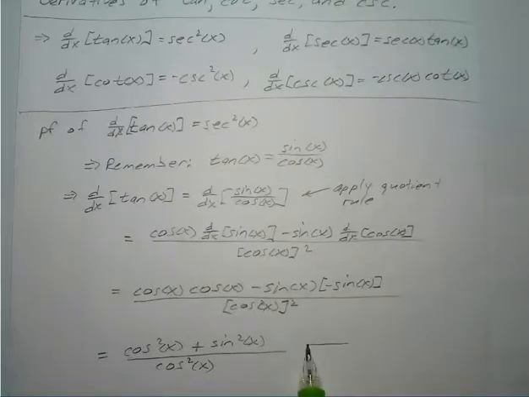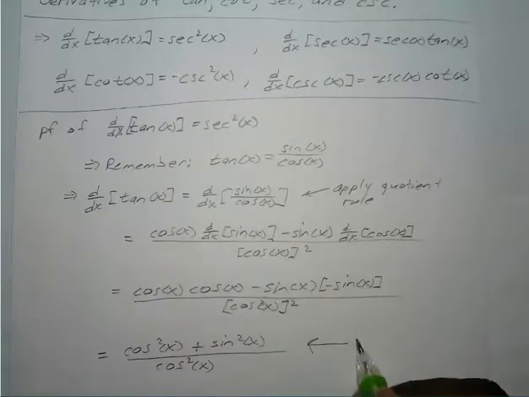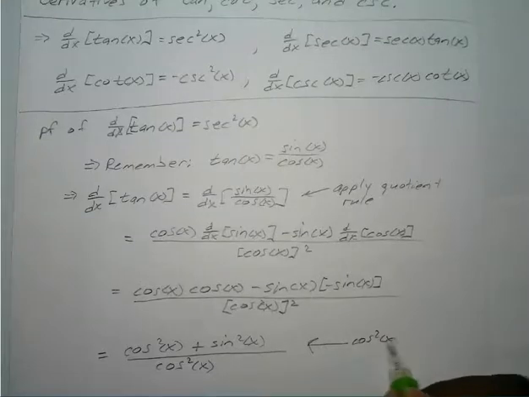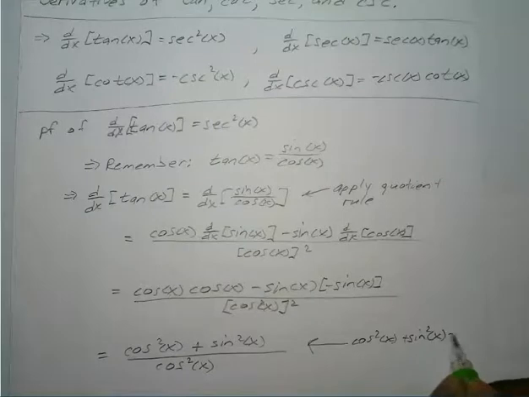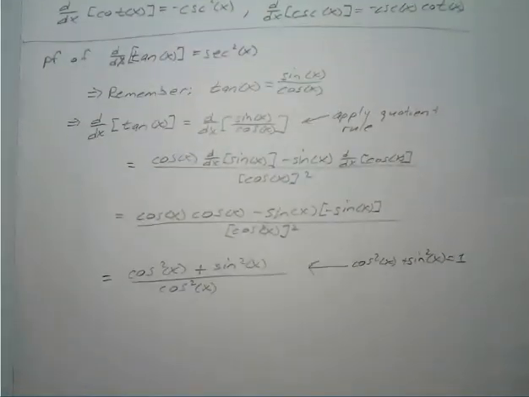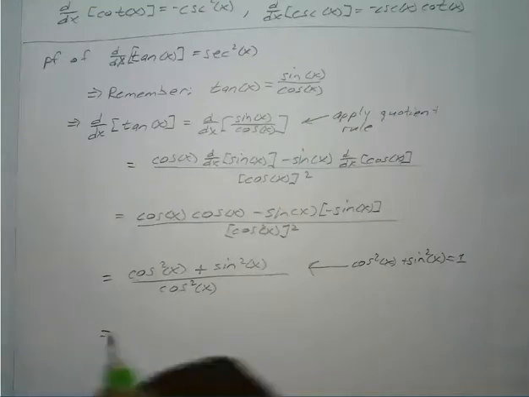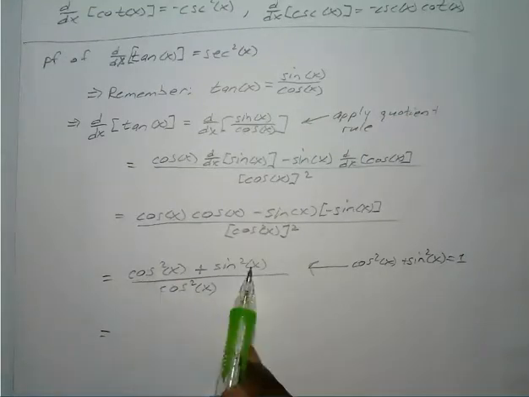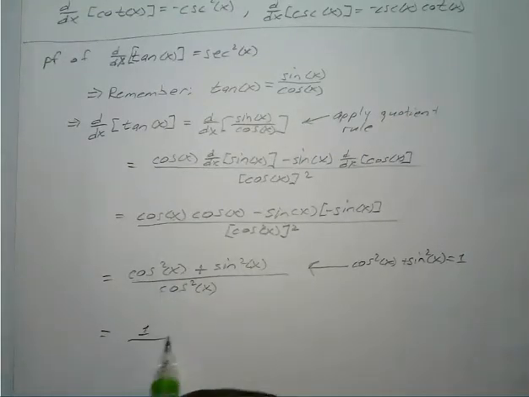Okay, so if you remember from trig, cosine squared plus sine squared equals 1. Alright, so that means this whole thing just turned into 1 over cosine squared of x.